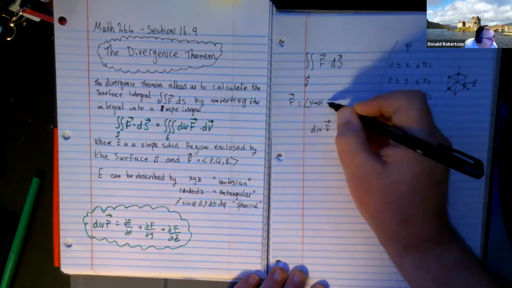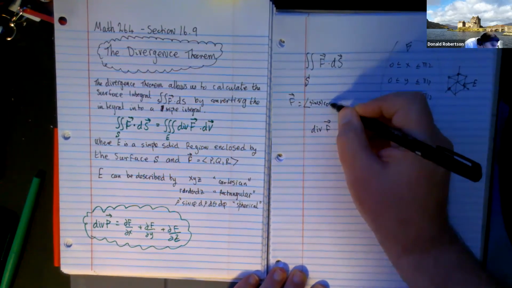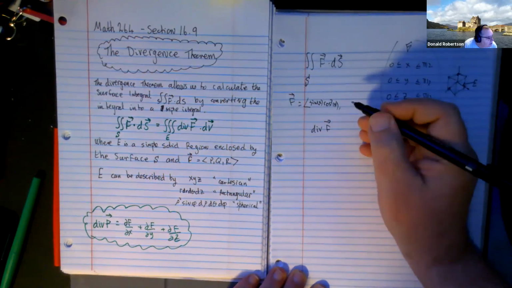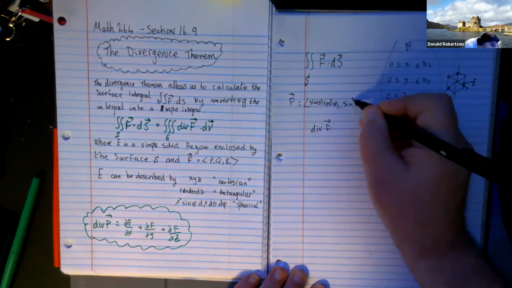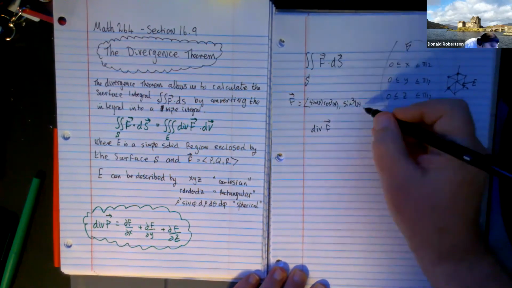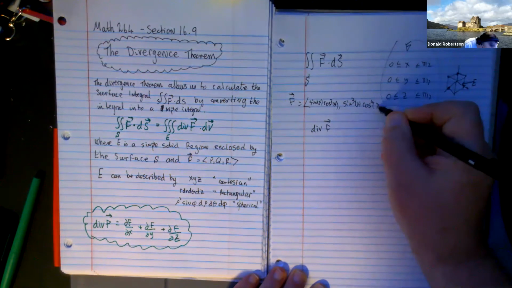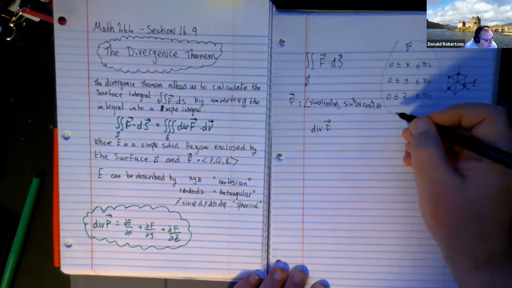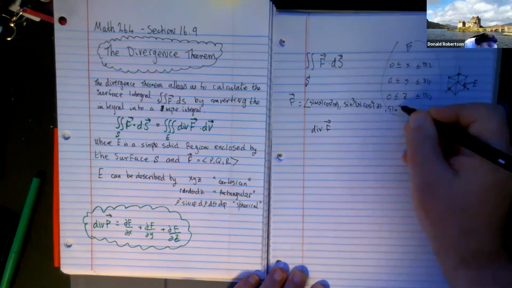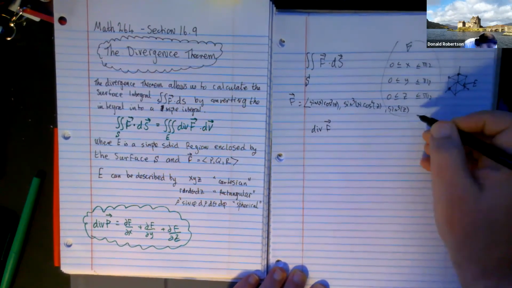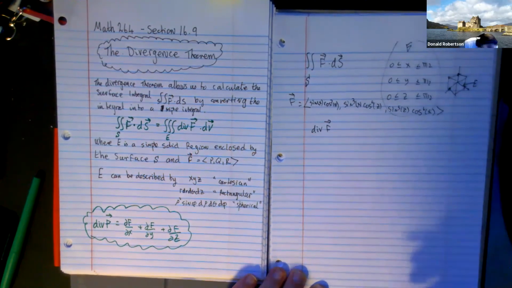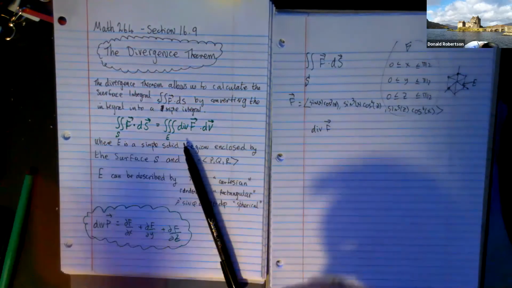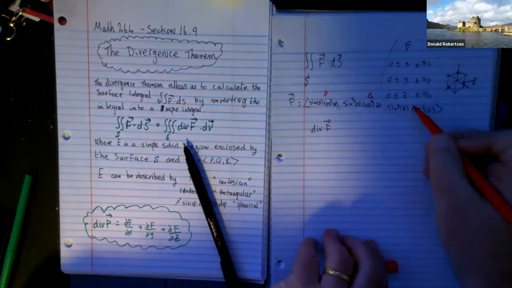It's sine x cos squared y, sine cubed y cosine 4z, and sine 5z cosine 6x. Okay. Call you P, call you Q, call you R.